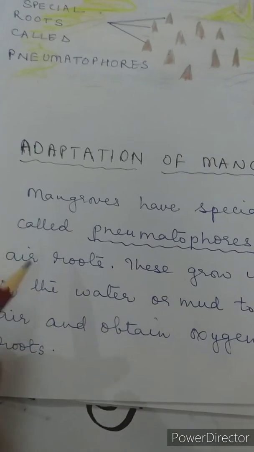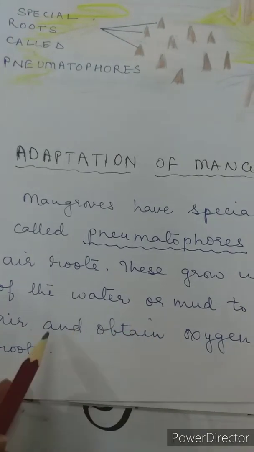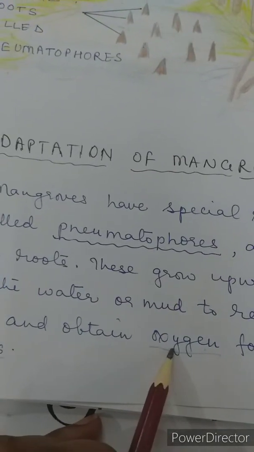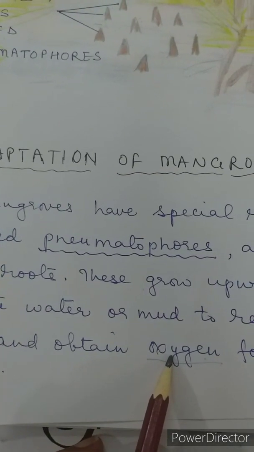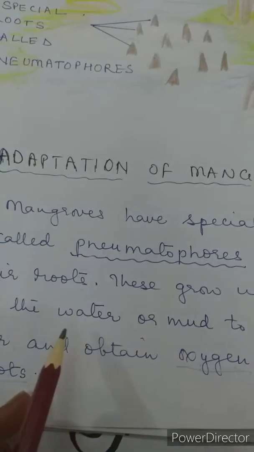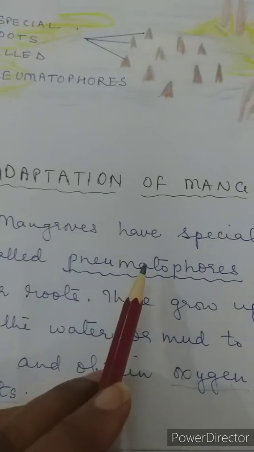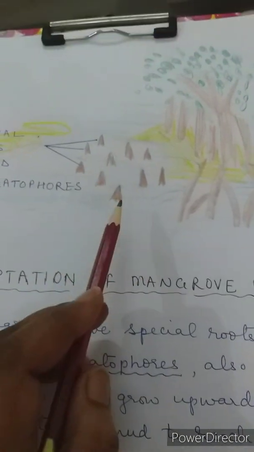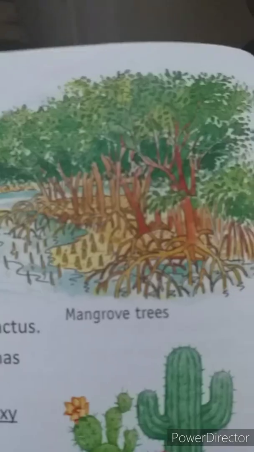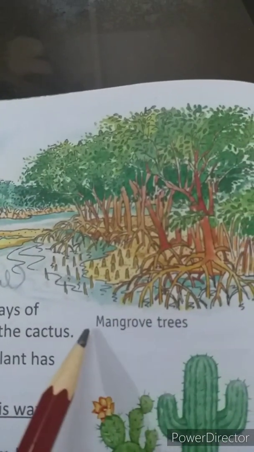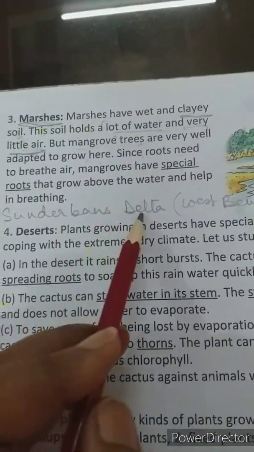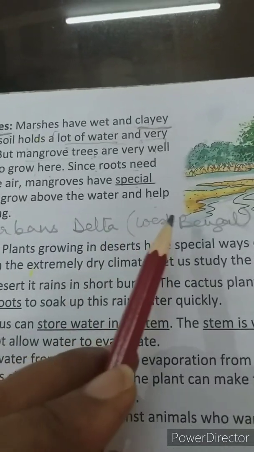Because they want to obtain oxygen for the roots, because oxygen is very necessary for the whole plant, and they are not able to receive oxygen otherwise. So they obtain oxygen with the help of these pneumatophores. This is the adaptation of the mangrove plant, children, which is found in marshes. If you want to take a look at mangrove trees, you have to visit the Sundarban Delta, children. This is in West Bengal.